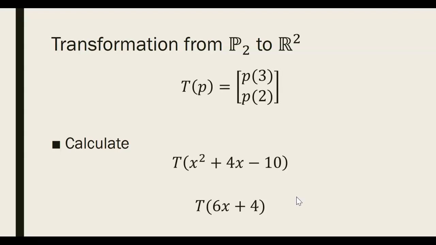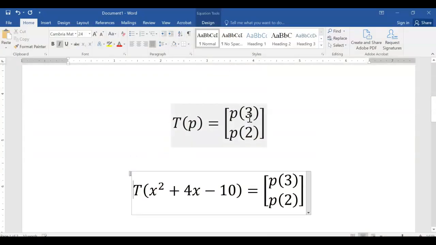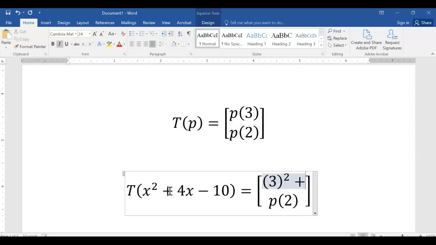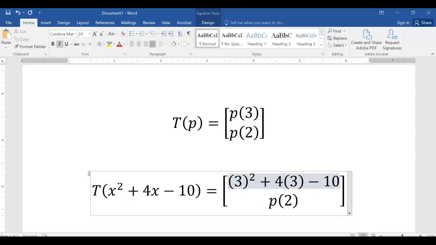All right, so if you don't remember what this did, let's go over it. We have this transformation that takes a polynomial, and in the first entry it plugs in 3, and in the second entry it plugs in 2. Now when I say plug in, I mean into the polynomial itself. So when I plug 3 into this polynomial, we get 3 squared plus 4 times 3 minus 10.